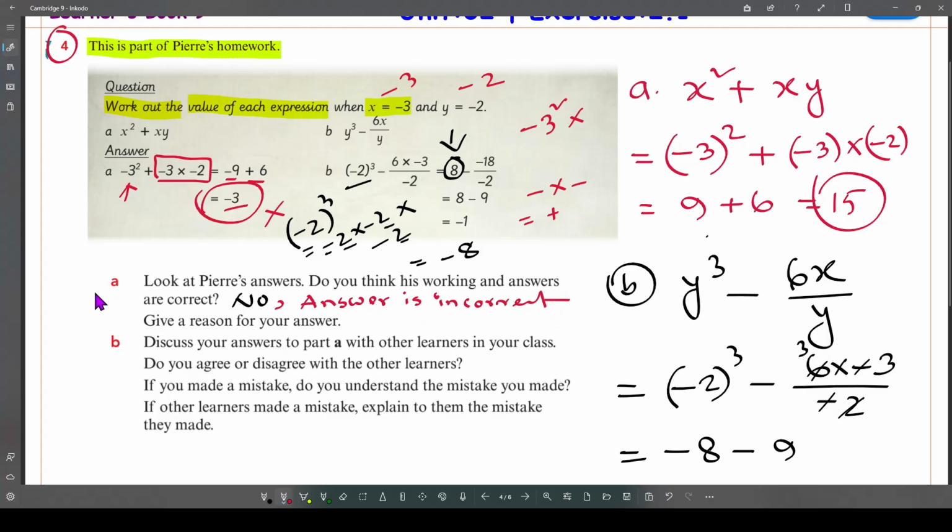Okay, so I hope this is clear, and discuss your answer to part A with other learners in your class. Do you agree or disagree with the other learners? So I already discussed number A and B, and tried to find out the common mistake which we make in our daily life. So number 4 is done.